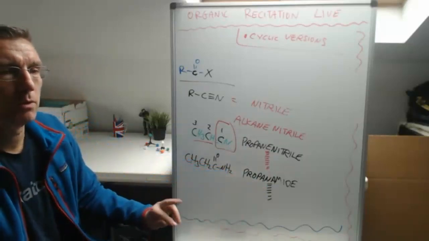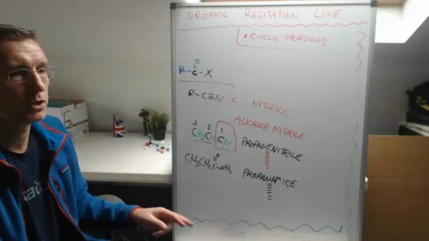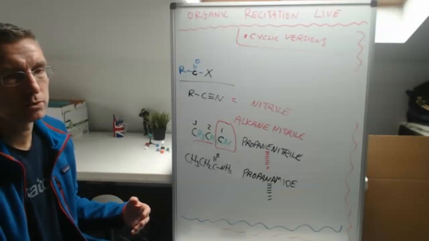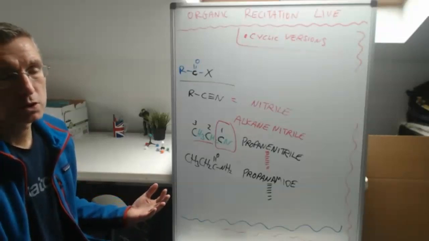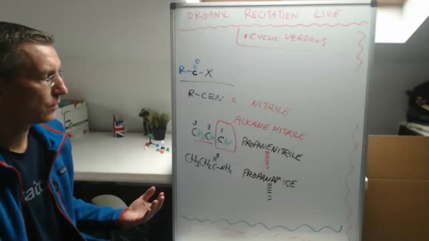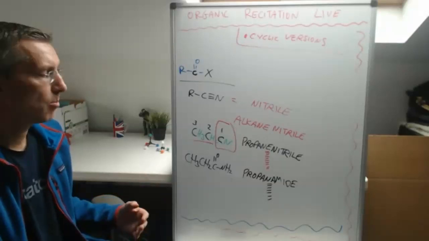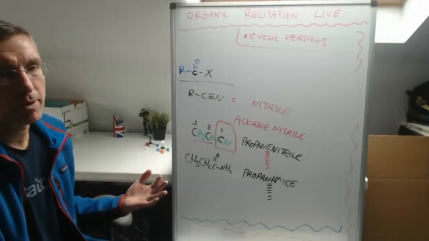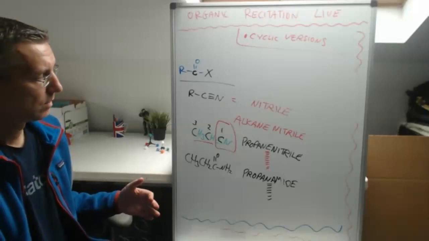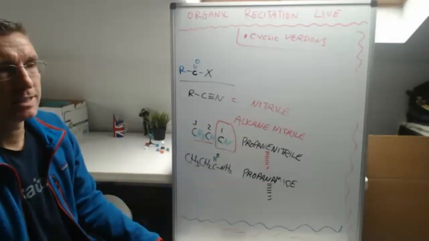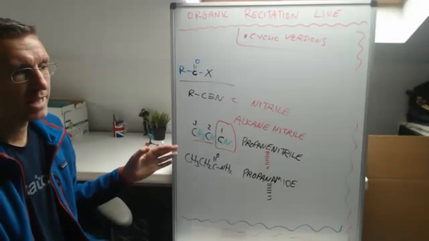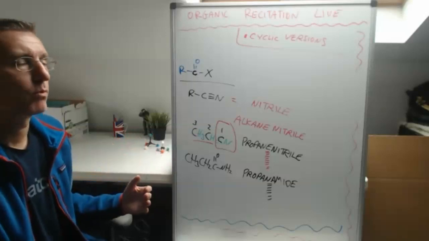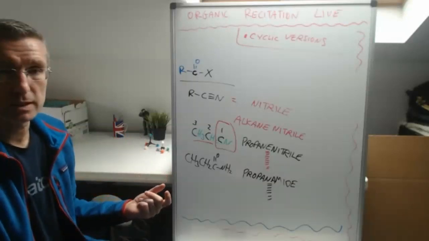IUPAC says you must avoid 2 vowels or 2 consonants because of the way it sounds when you say it. Verbally, it's more difficult to say if you don't obey that rule. So propanamide is easier to say than propaneamide, and propanenitrile is easier to say than propanitrile. So that's the reason why they made those distinctions.